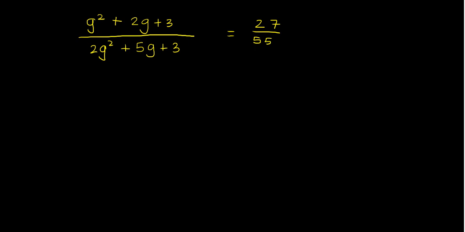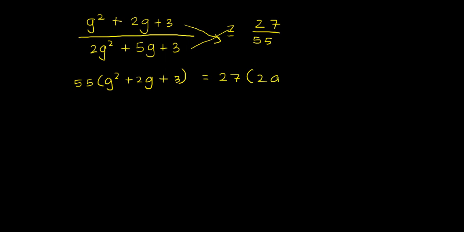Okay, now I'm going to cross multiply. So the numerator is going to multiply with this denominator, and this denominator is going to multiply with that numerator. So 55 times g squared plus 2g plus 3 is equal to 27 times 2g squared plus 5g plus 3. Okay, let's expand this.